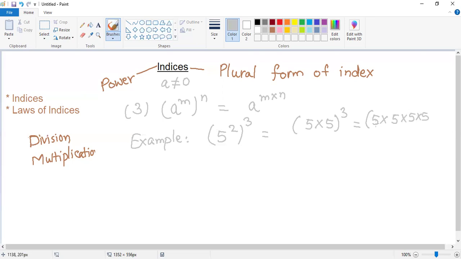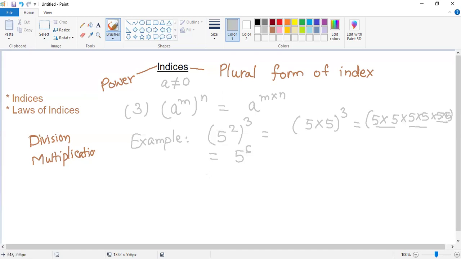See, two fives you write first, second time, and then third time. When you count how many fives you have: 1, 2, 3, 4, 5, 6. So this is going to give you 5 power 6.